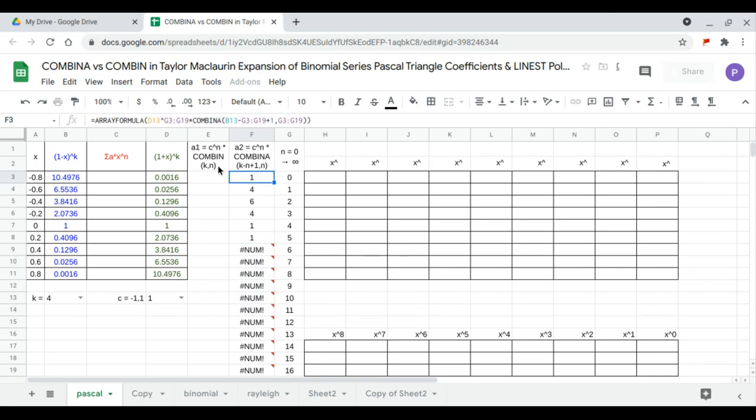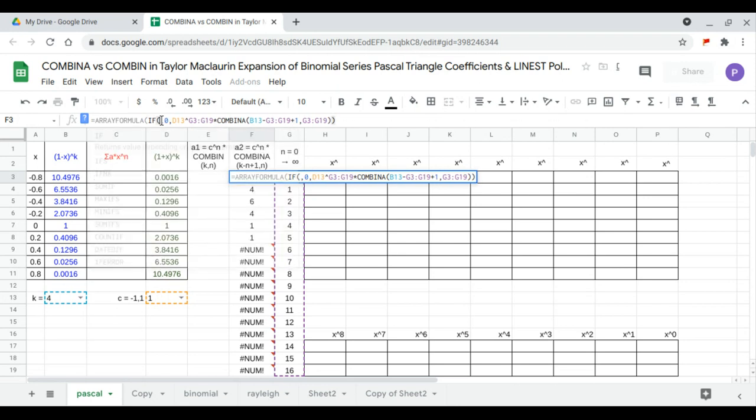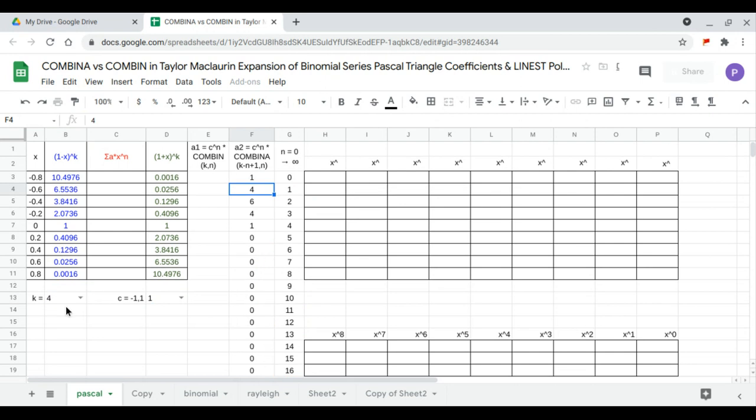To correct this, we'll add a condition: if n is greater than k, then 0. Otherwise, calculate. Now it's corrected.